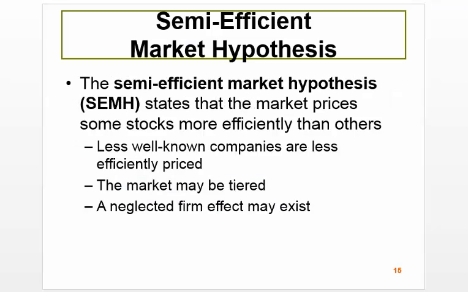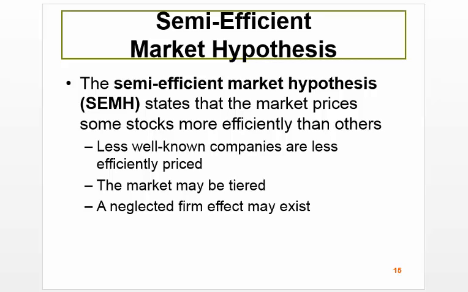Now, we're going to wrap this up with two quick slides about ways that the market might not be efficient, maybe ways that you could possibly see that the market violates the efficient market hypothesis. One of those, and one of my favorites, is the semi-efficient market hypothesis. And this says that, in a lot of ways the market is efficient, especially if you're talking about really big stocks, stocks for really big companies.